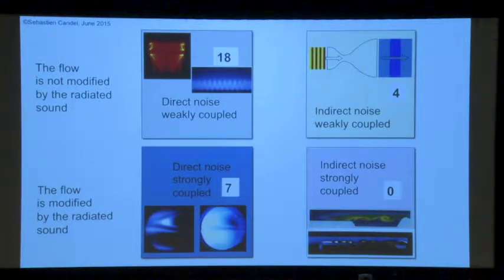For example, here you have a stylized solid rocket. It produces vortices. These vortices impinge on the nozzle and produce pressure fluctuations, which come back here and synchronize the vortex shedding.